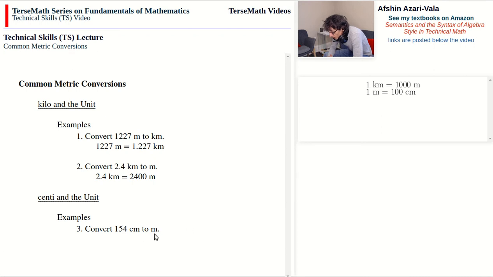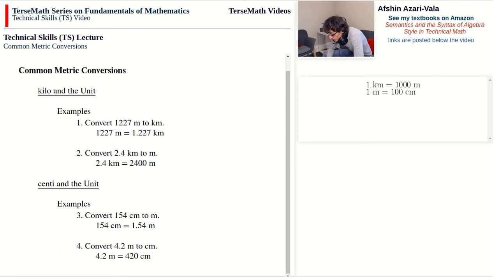In fact, I don't visualize the chart by saying in going from meter to centimeter, I have to go over 2 places. I know that it's 100, and therefore I move the decimal point very quickly back and forth to get the answer to the question. So 154 centimeters is 1.54 meters. If we want to convert 4.2 meters to centimeters, now the number will grow 100 times and we get 420 centimeters.